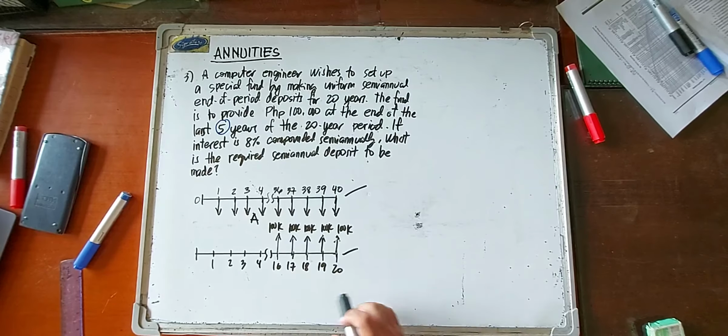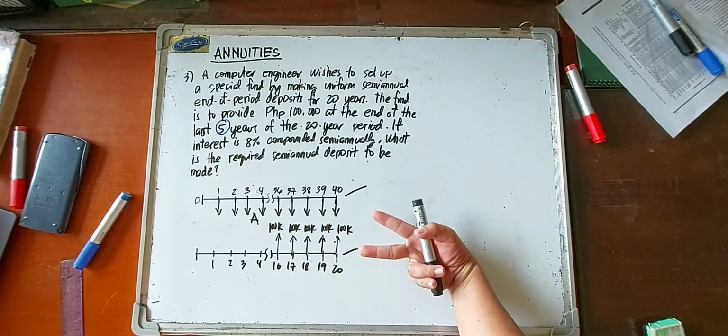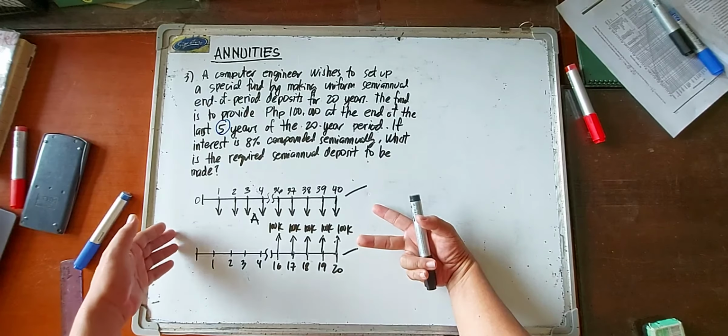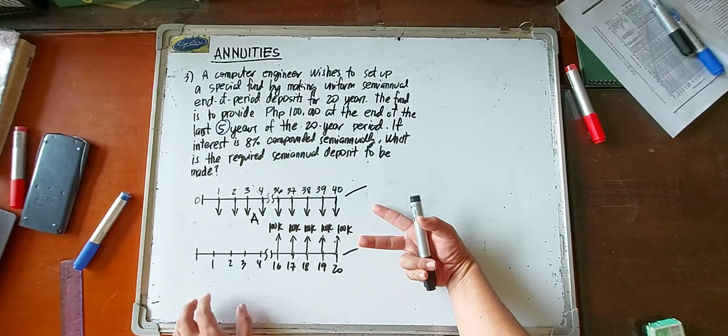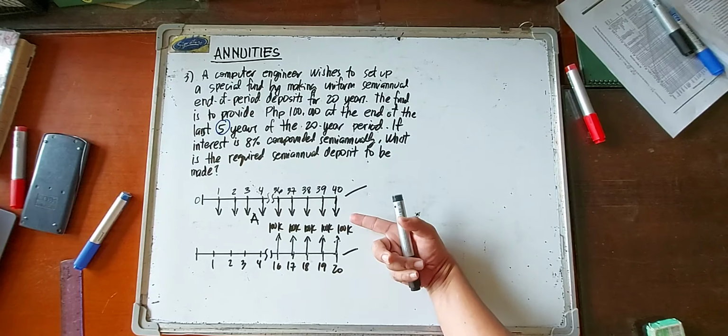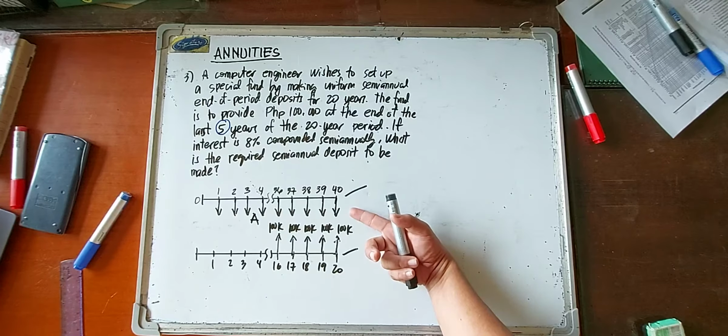Okay, so with that, since we have two cash flows, that would be our clue sa gagawin nating solution. So we'll be using the economic equivalence concept to solve for the semi-annual deposits.